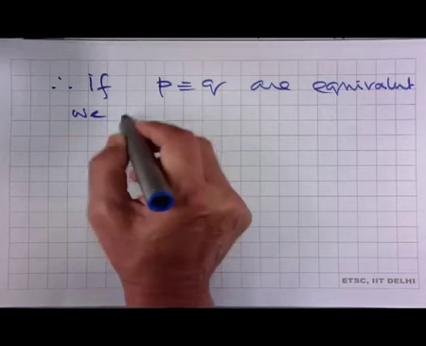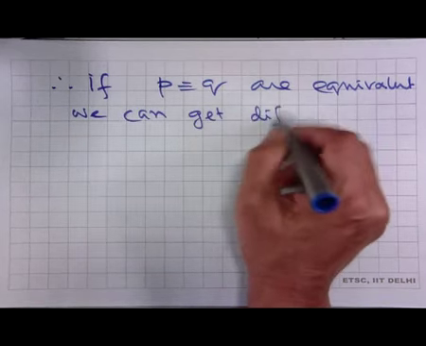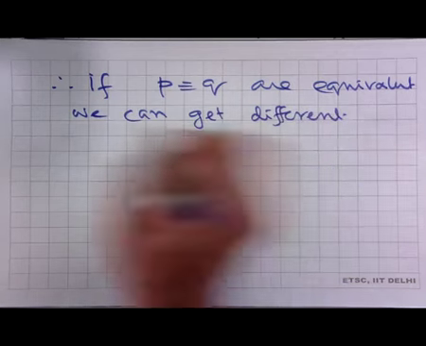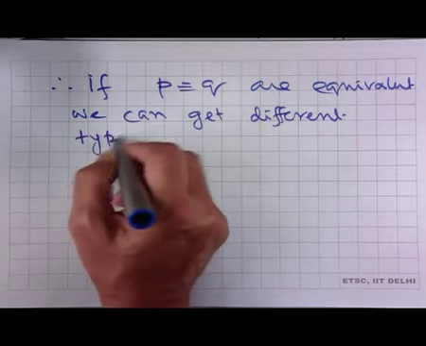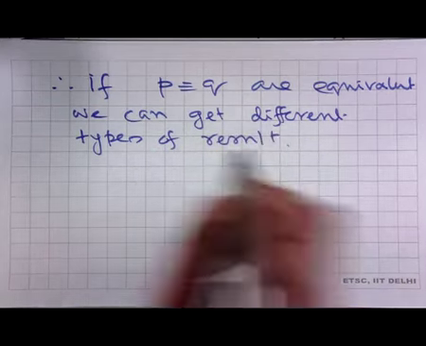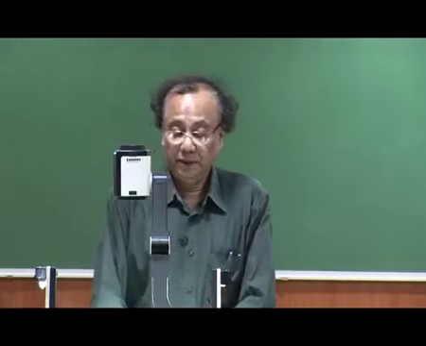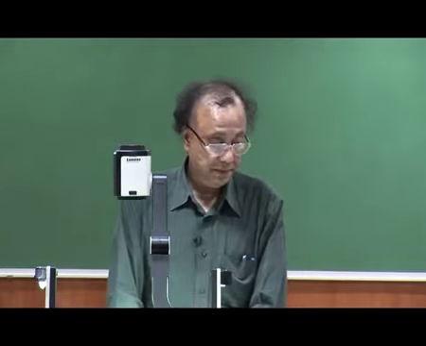We can get different truth values or different types of result. Now, let me stop with the last example.